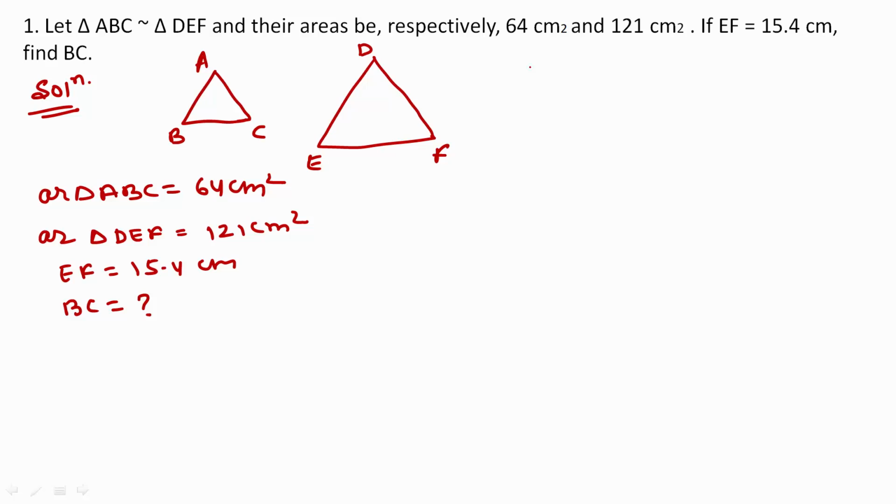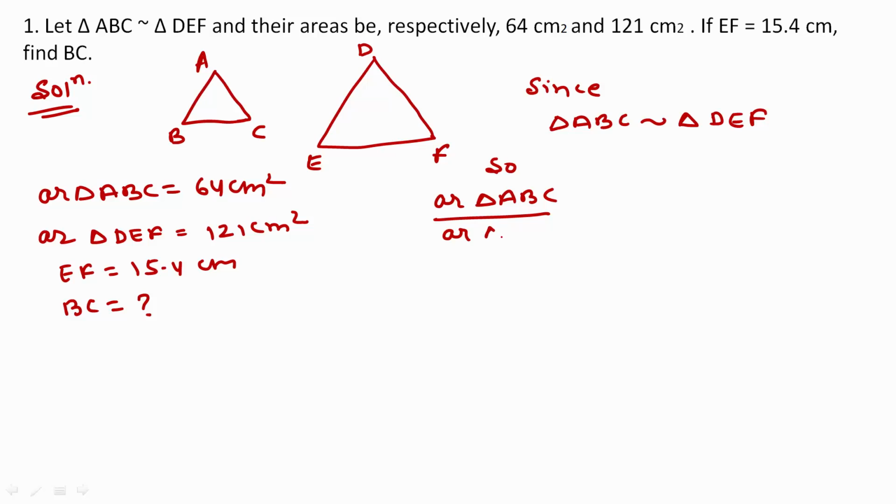We know from the above theorem, since triangle ABC is similar to triangle DEF, area of triangle ABC upon area of triangle DEF is equal to BC upon EF whole square.